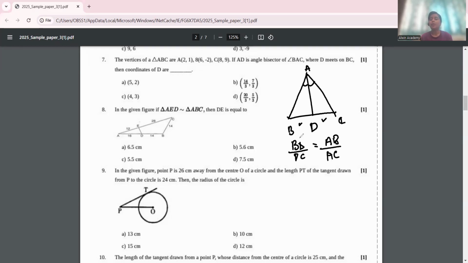Now, what this actually does is give us the ratio in which D divides the line segment BC. So we can apply the section formula here.